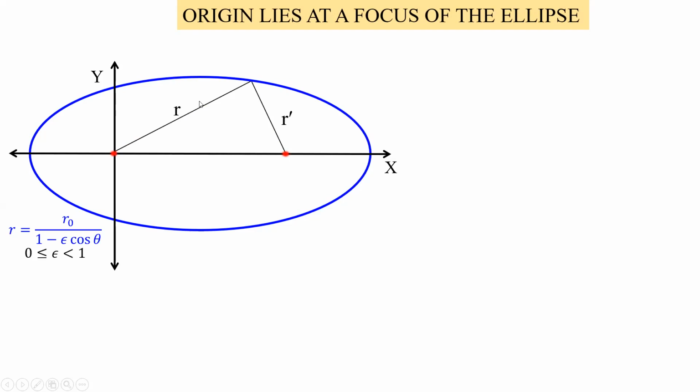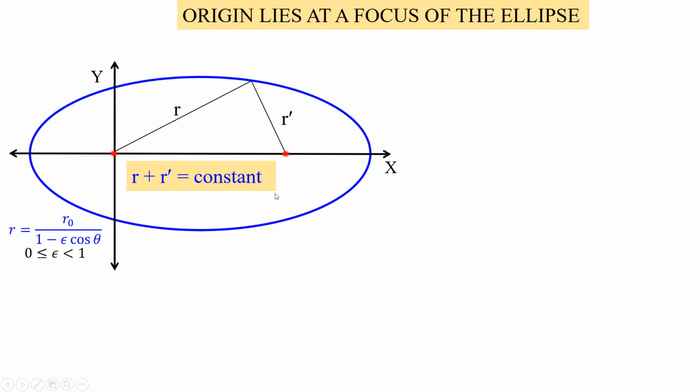Say this is r, and the radius made by the other focus, let it be r dash. The sum of r and r dash is equal to a constant value. If this is proved, we can say that the origin is at a focus.